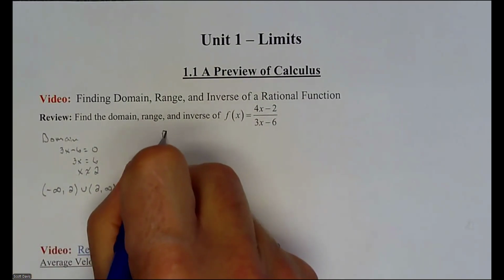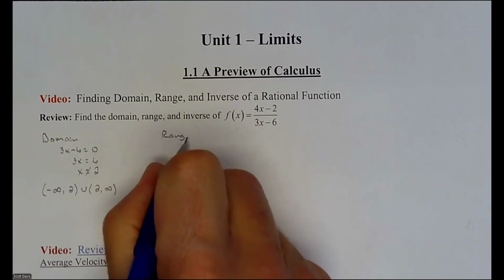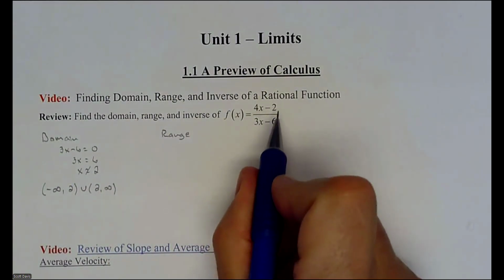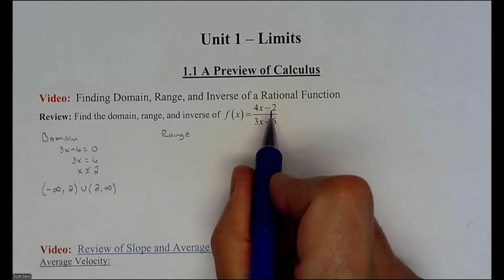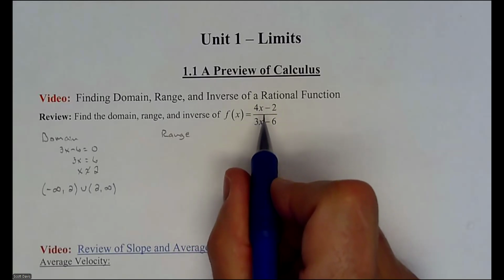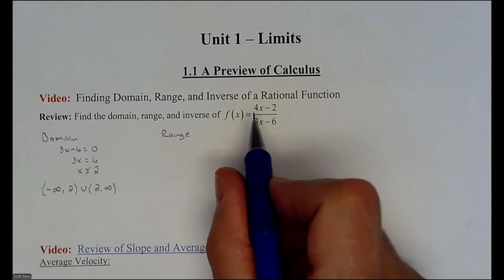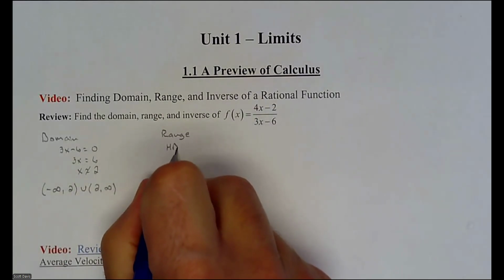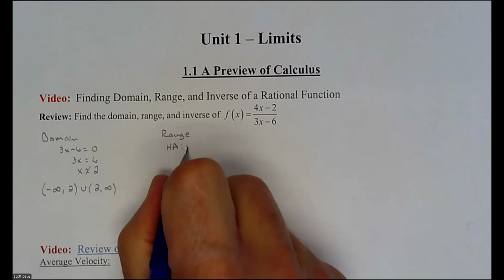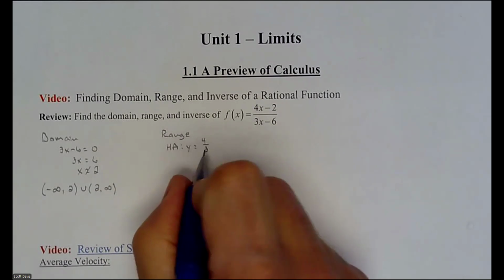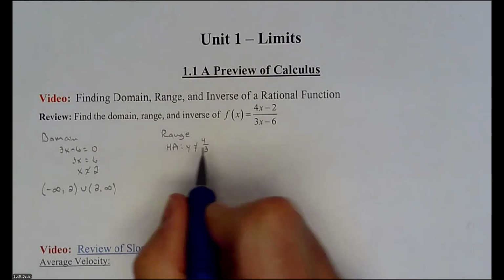All right, and then the range is a little easier if we do a visual, but in general, we'll talk about the algebra. We're going to have a horizontal asymptote on this one because the powers are moving at the same rate, so we focus on the coefficients. The horizontal asymptote is at y equals 4/3, and that's the y value that we're not going to get.